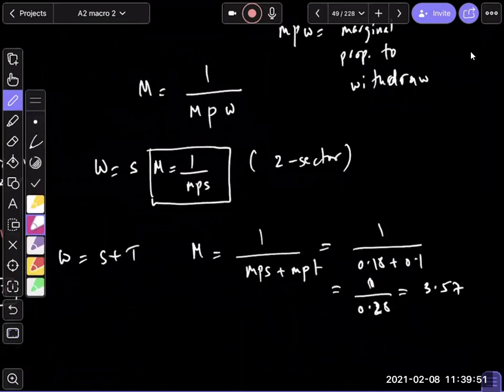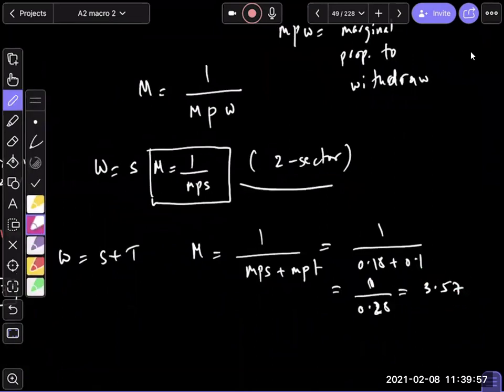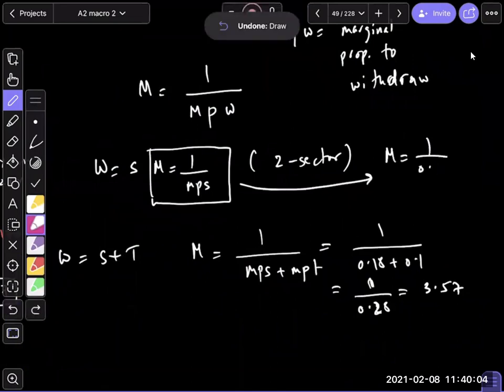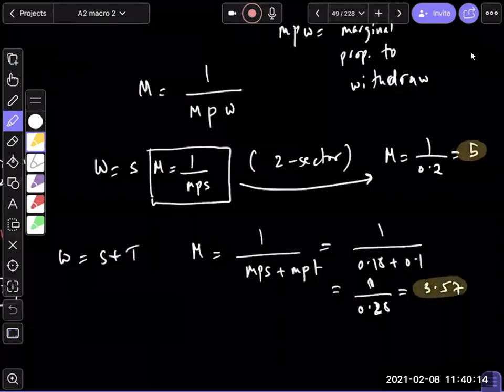Yeah. Can you guys see this? The multiplier now is 3.57, but the multiplier before was 1 over 0.2, or 5. Why is my multiplier value going down from 5 to 3.57?